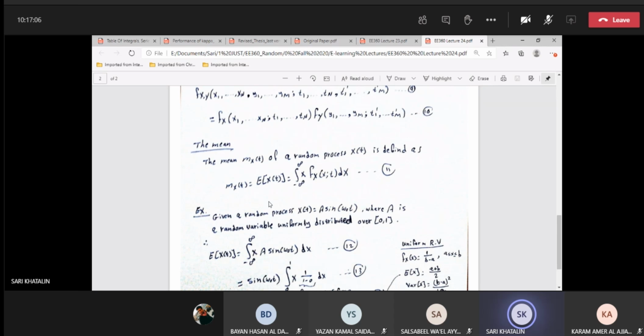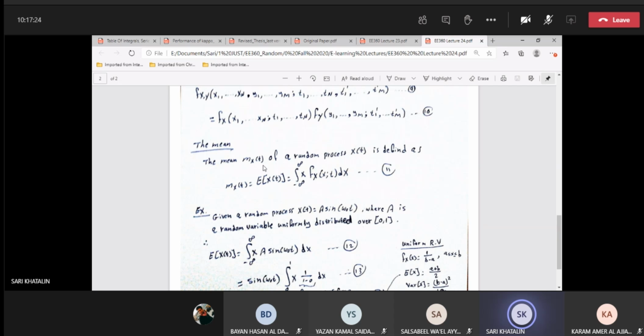The first thing we're going to talk about in this chapter, or one of the properties, is the mean. And the mean is given in equation 11. If you go back to chapter 3 or chapter 5, it's exactly the same equation.